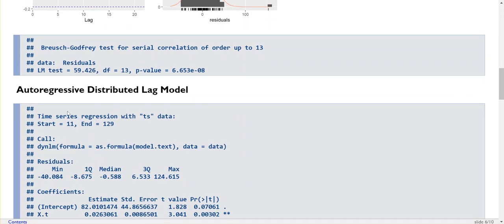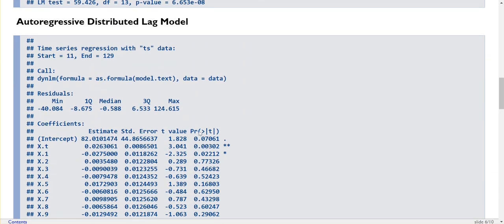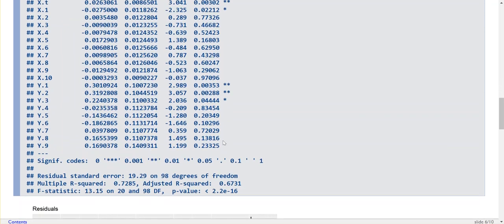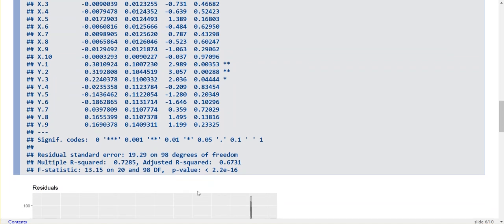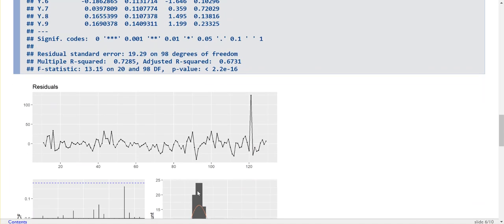The next thing we did was an autoregressive distributed lag model. Again we look at the p-values. It has a better adjusted R-squared of 0.67, which is good, and our p-value is under 0.05, so significant. We look at the residuals.